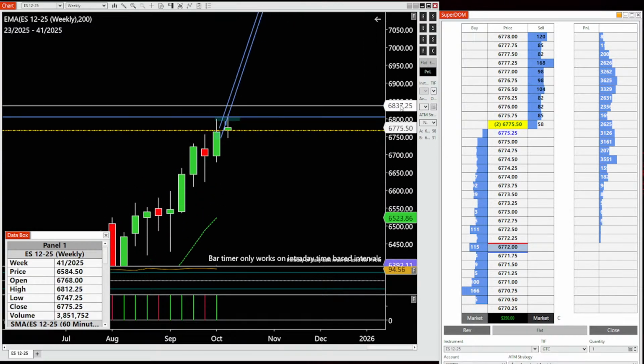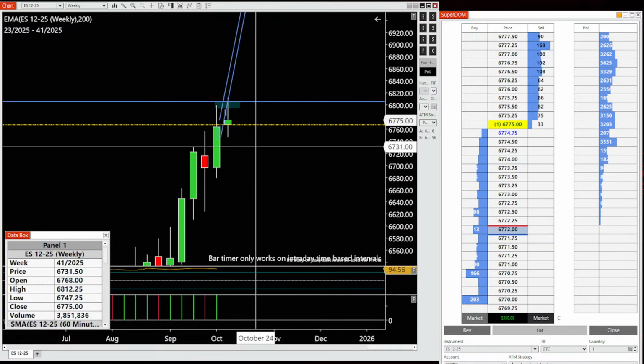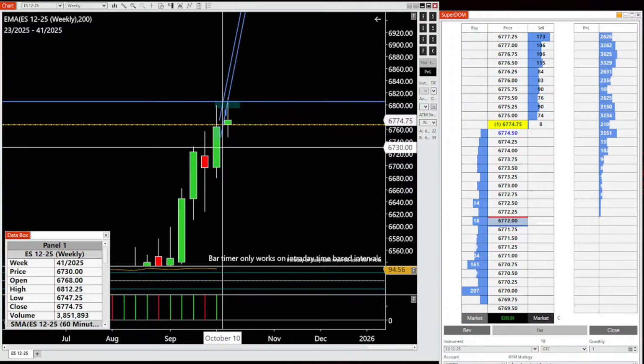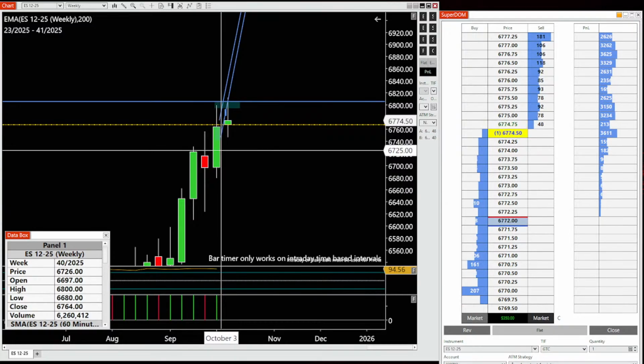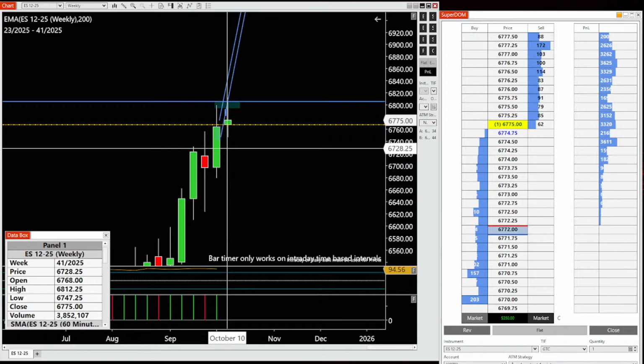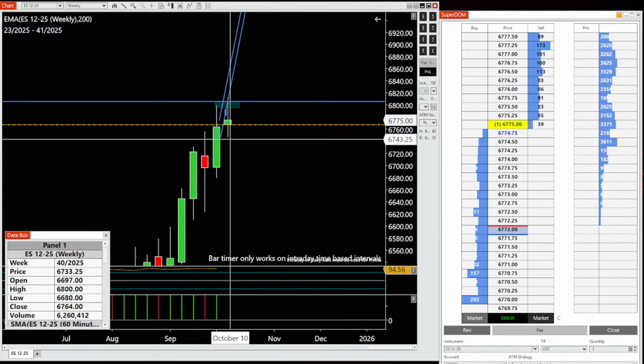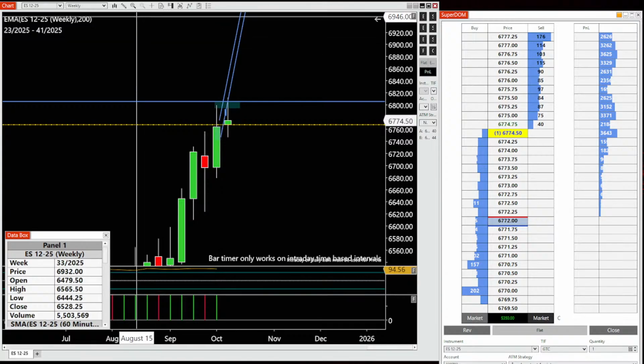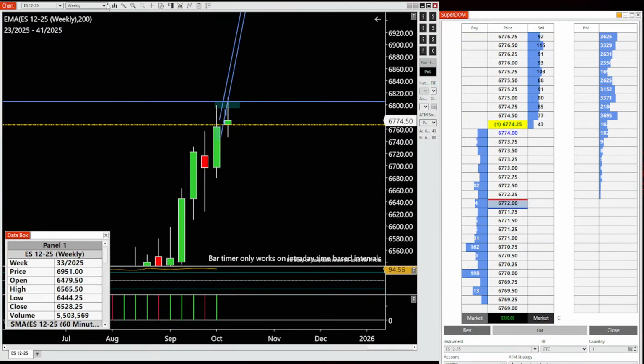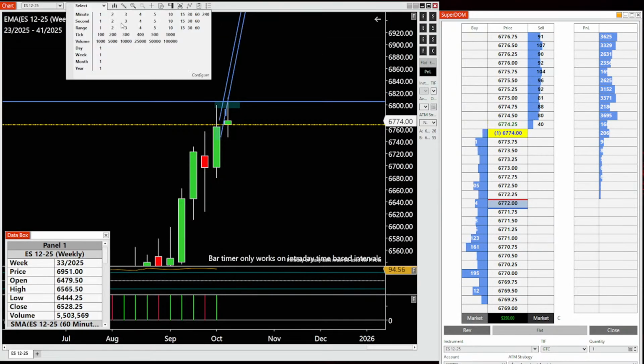Where do we end? Sometimes it's good to look at the bigger time frame, get a bigger view. And close 64. It opened at 68. So you go to daily.